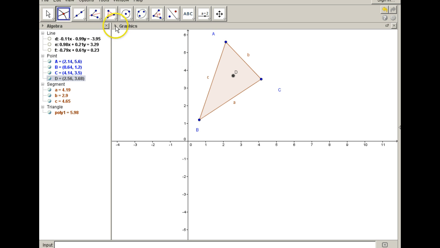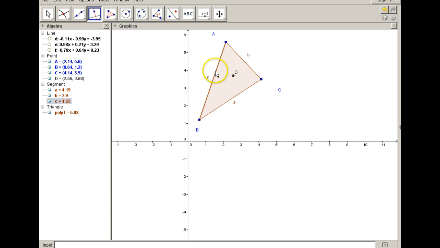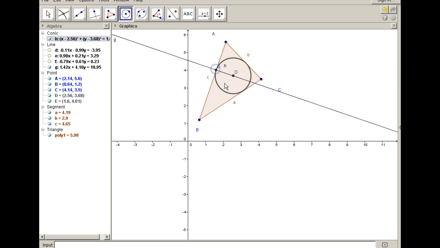Well, it turns out that if I construct a line perpendicular to this side that goes through point D, so from side C, I'm going through point D, and then I find the intersection point of side C and that perpendicular, I get point E. Now I have my radius. So if I draw my circle from center D to point E, it will in fact be inscribed perfectly.